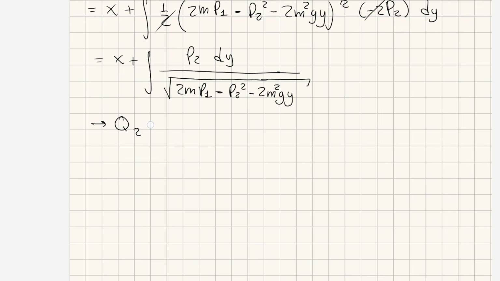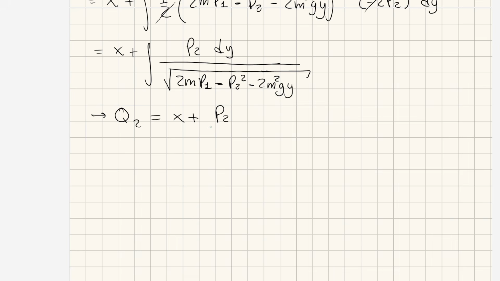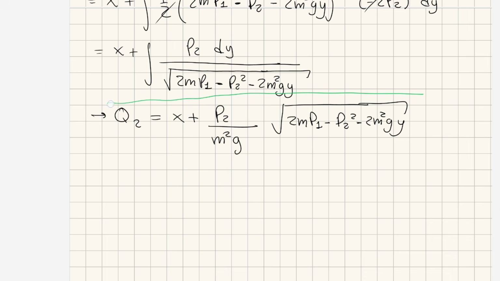If we do that, the video will be very long. So this is going to be equal to x plus p2, divided by m squared g, and multiplied by the square root of 2m p1 minus p2 squared minus 2m squared gy. Perfect. This will be the result for q2.